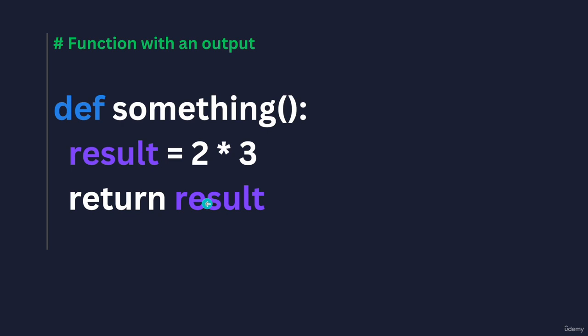Now I want you to understand why there's a thing called a function with an output, because it can get really confusing why functions with outputs exist. The idea is that you can use the value that the function spits out, whatever information it spits out, in a variable.